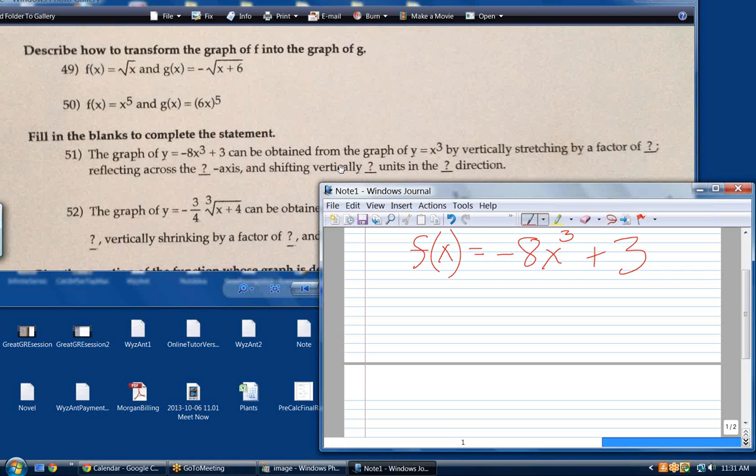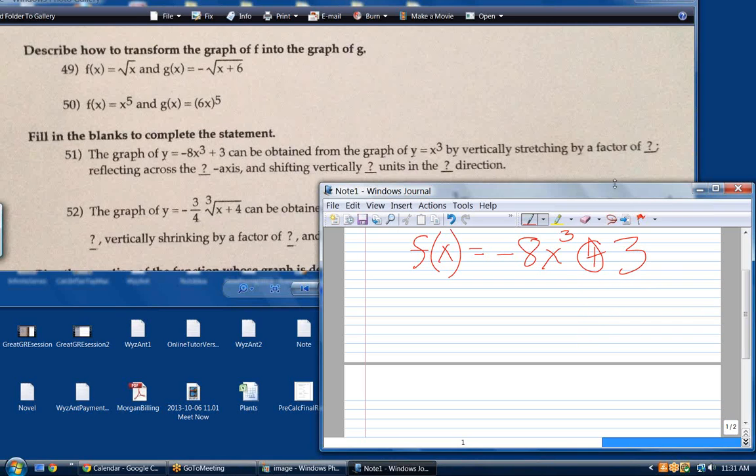Vertically it has to be either up or down. Horizontally it has to be either left or right. Vertically can't be right or left. Vertically is going to have to be either up or down, and it's up because of the plus sign.